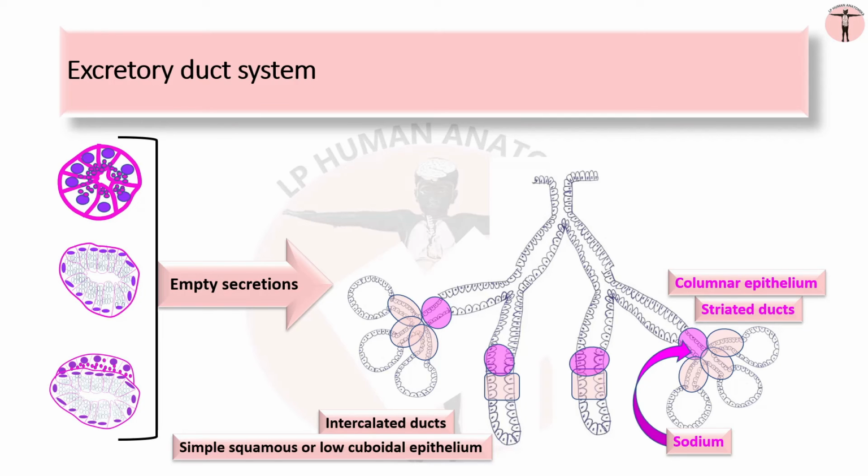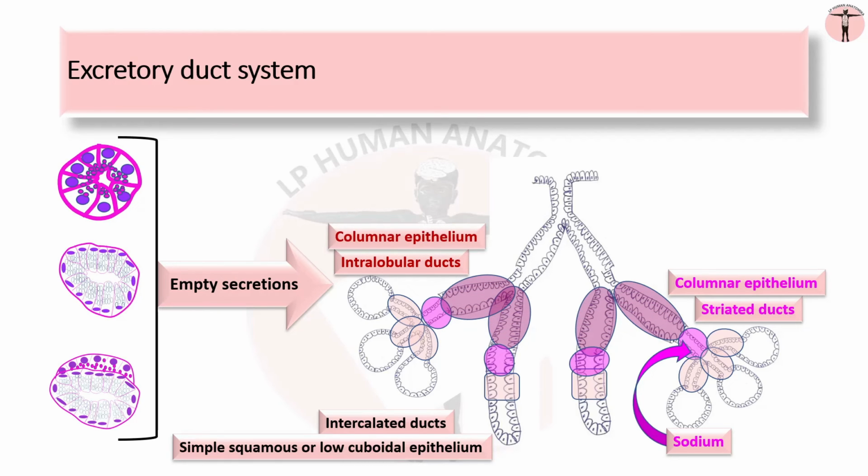These striated ducts join to form larger intralobular ducts lined by columnar epithelium. The intralobular ducts from each lobule converge and drain into interlobular excretory ducts, and these join to form the interlobar excretory ducts, with increasing size and thicker connective tissue layers.